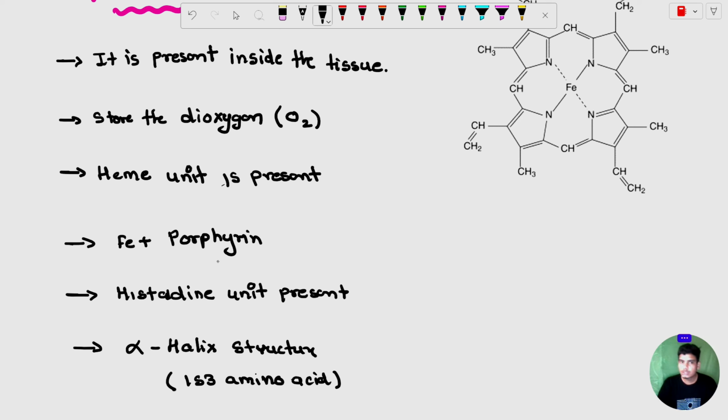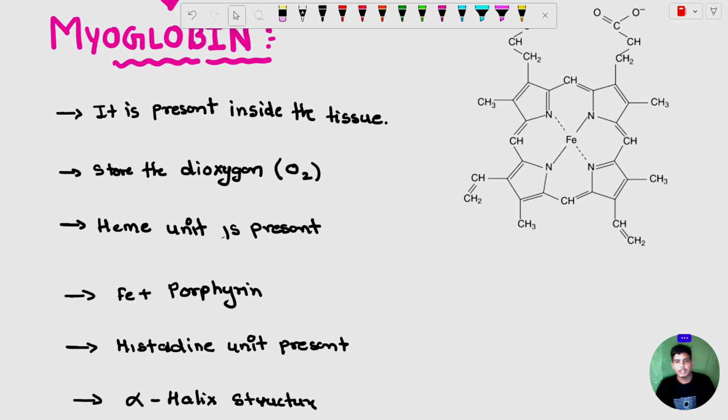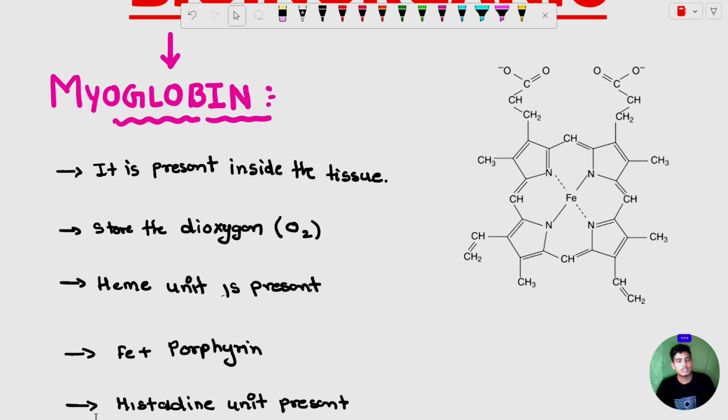Now moving on with myoglobin, the next point is that there are two types of myoglobin generally seen. The first one is deoxymyoglobin and the second one is oxymyoglobin. What is deoxymyoglobin and what is oxymyoglobin? You can see the clear picture and structure of myoglobin.